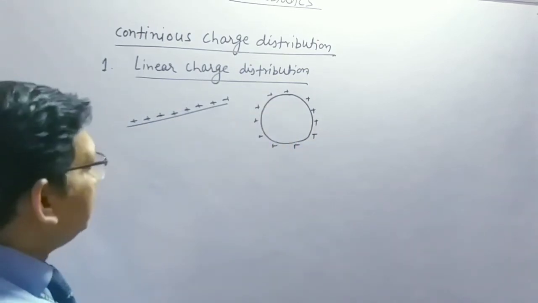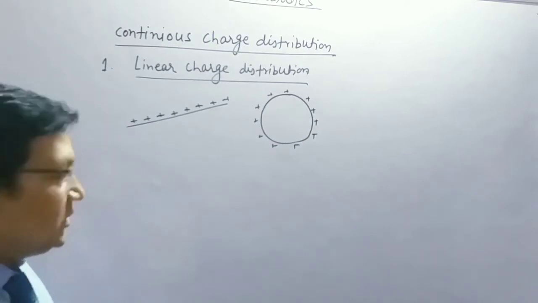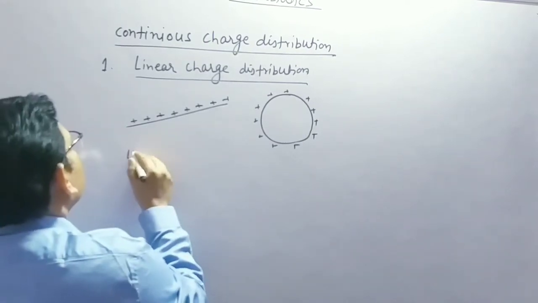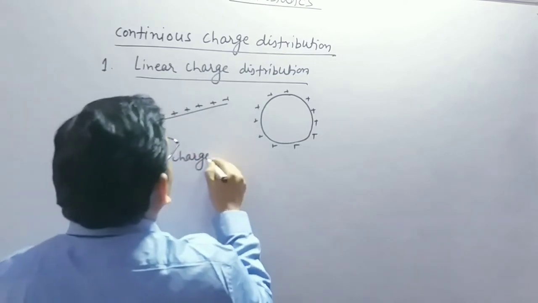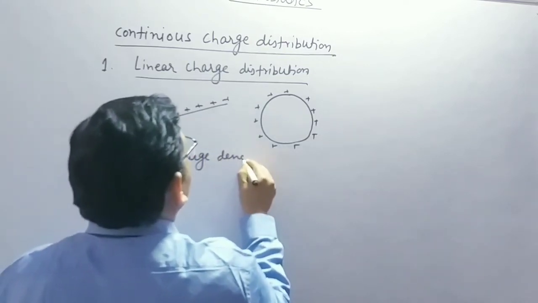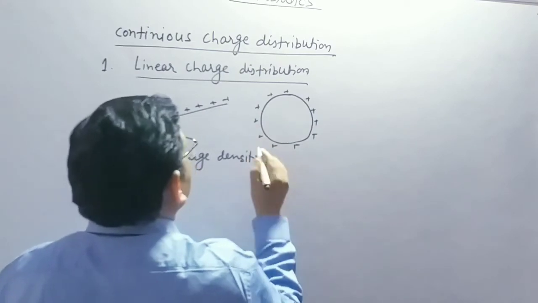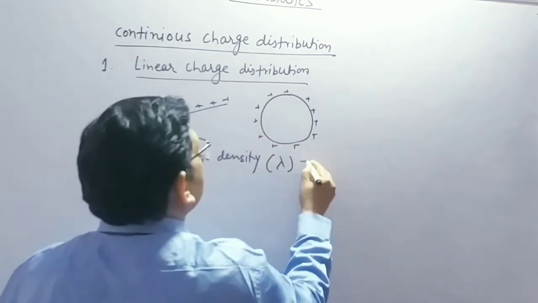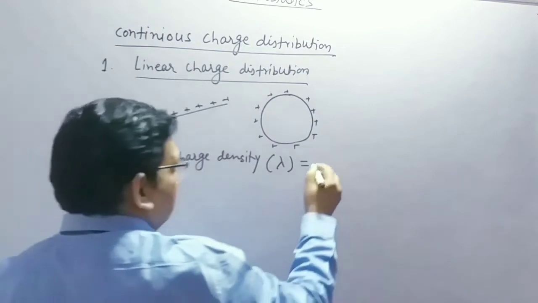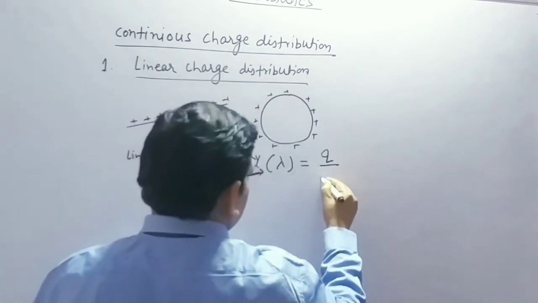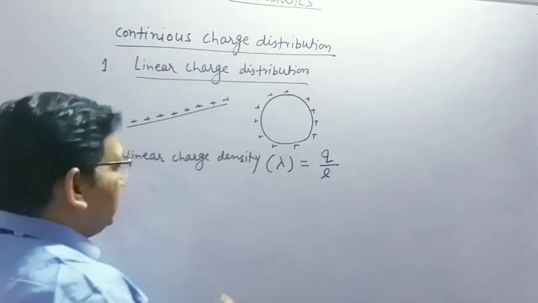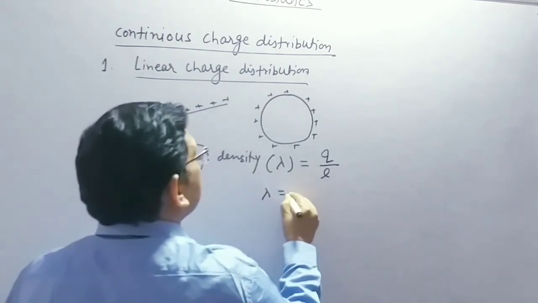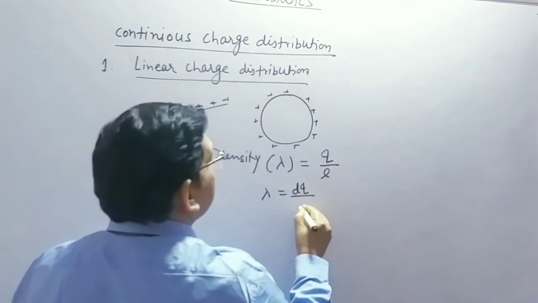In linear charge distribution, we have a term called linear charge density, denoted by lambda and defined as total charge by total length. If the charge is uniformly distributed, this can also be written as dq by dl.